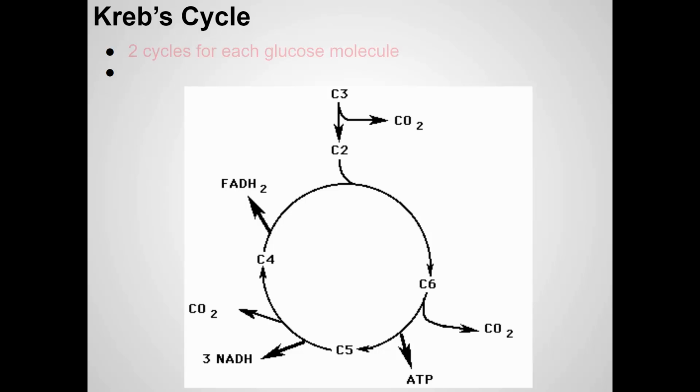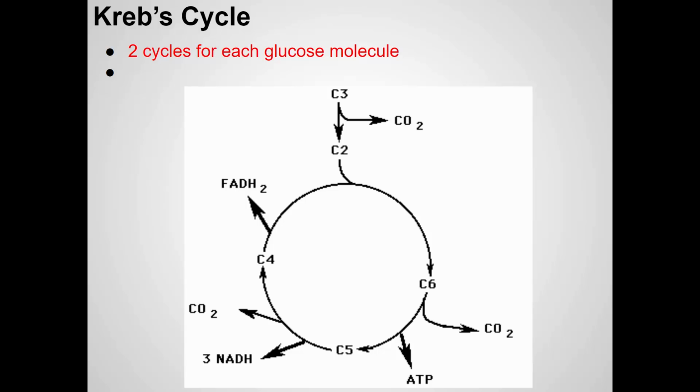The Krebs cycle goes around twice for every glucose. How many carbons in a glucose molecule? 6. When it gets split into 2 pyruvates, how many in each molecule? 3. That's this 3-carbon sugar here.